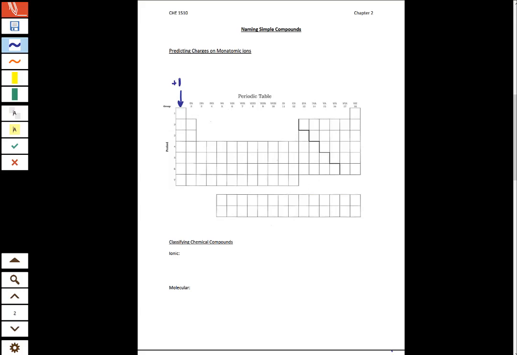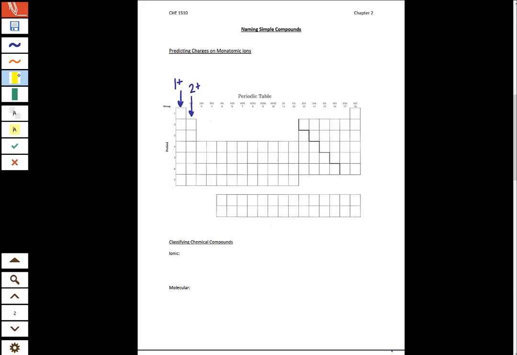So we'll worry about where the numbers are coming from when we're in class, but right now know that the first column always forms a 1 plus, and the second column a 2 plus, and you know what, I'm actually going to write the plus on the other side for clarity later on. So a 1 plus and a 2 plus charge.